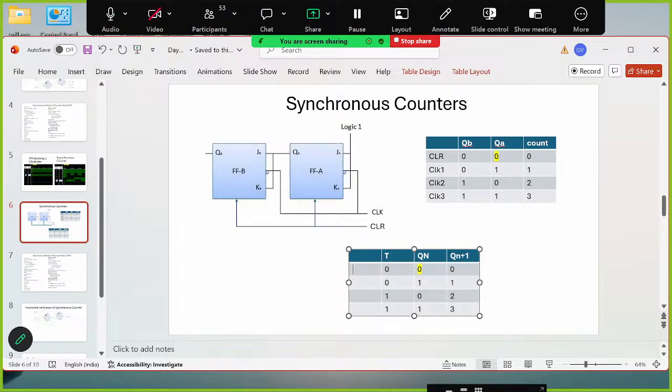We need to check the present input and the present output so as to get the next output. What would be the upcoming output? This is how sequential devices work. These two inputs make four combinations: 0 0, 0 1, 1 0, and 1 1.